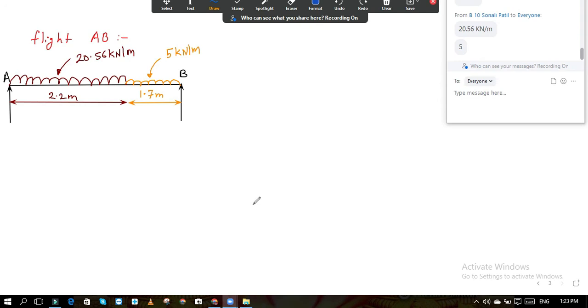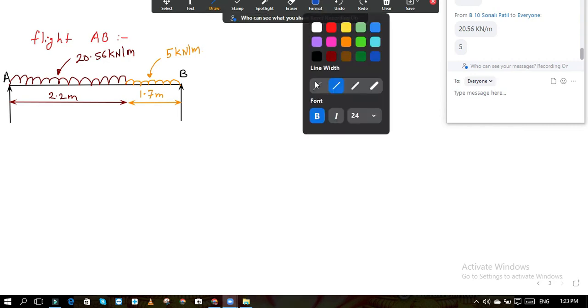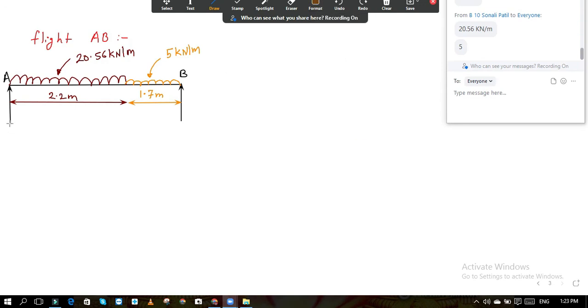Now again, there is no direct formula for this type of beam to calculate bending moment, so we will project these lines so that we can calculate SFD and BMD.